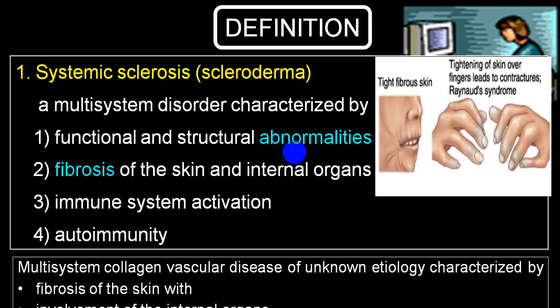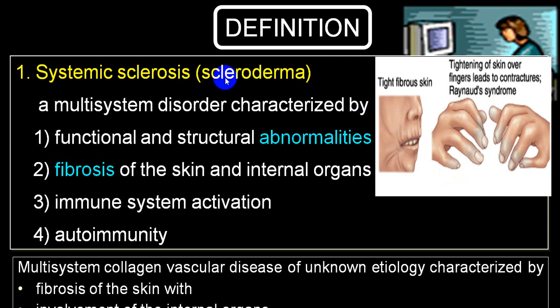And there are two classical things which are very common. One, tight fibrous skin, very commonly affecting the facial part, and it is associated with involvement of the finger skin, that is tightening of the skin over the fingers, which leads to contractures and very frequently Raynaud's syndrome. So we had one patient who came with Raynaud's syndrome and there was facial skin involvement.